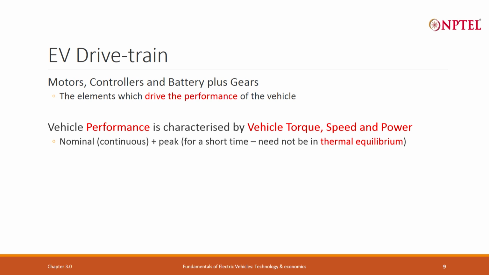Why are you using continuous and peak? Peak is for a short time, 10 seconds, 20 seconds, and the primary difference between peak and continuous is the thermal design. For example, a motor may have a certain power in a continuous manner. For a short time you can go to higher power. When you go to higher power, your heat dissipation may be more, so the temperature will start rising.